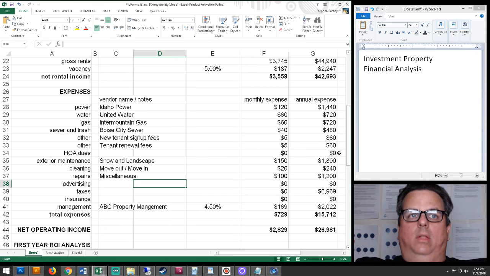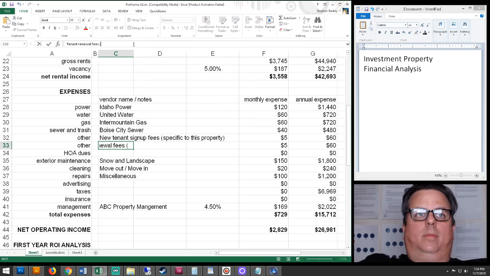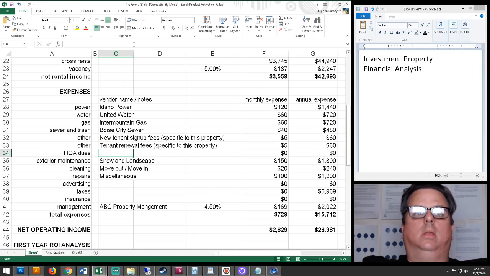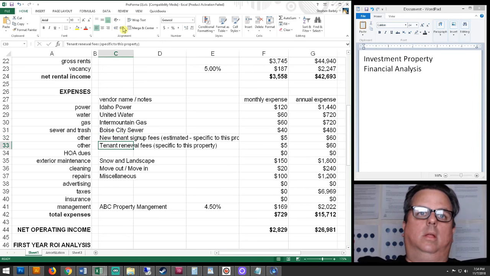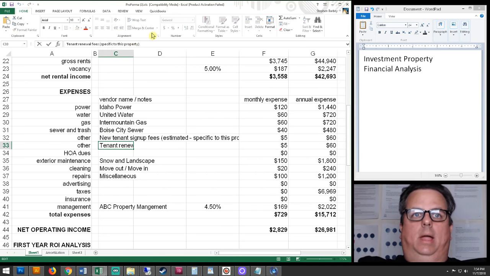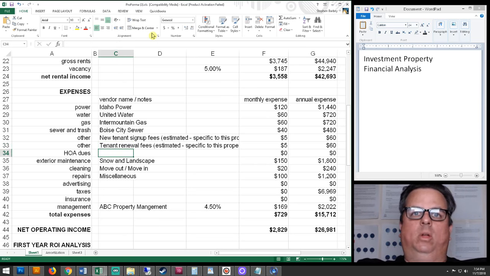And you might want to make a reference here because this is specific to this property. And I probably would put in something like estimated. And the word pro forma is a Latin word, and it means the form it will take.